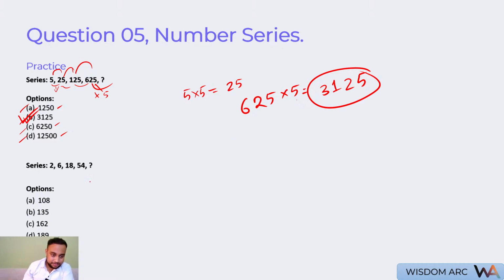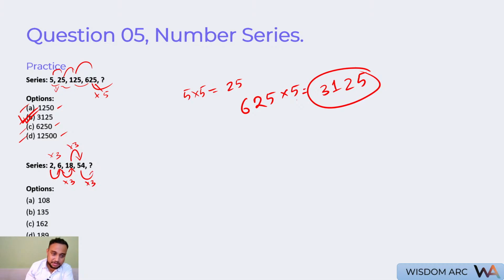All right. From 2 to 6, how can you get 6 from 2? Into 3. 18 from 6 into 3. 54 from 18 into 3.